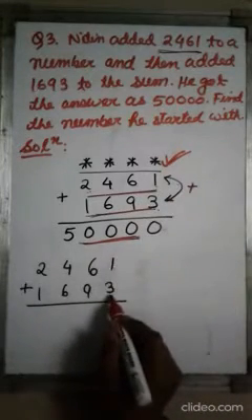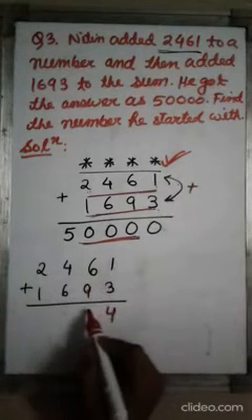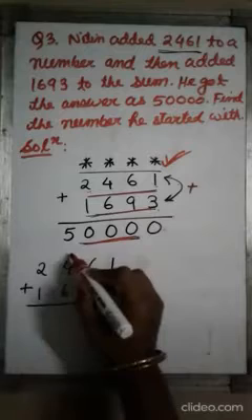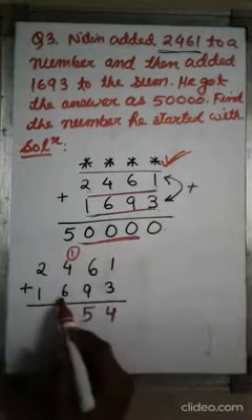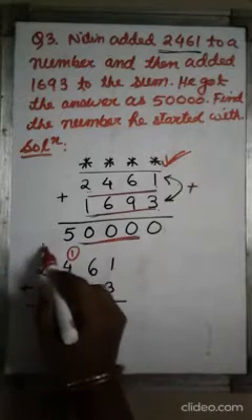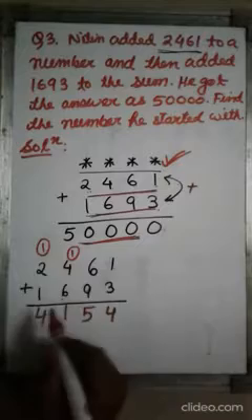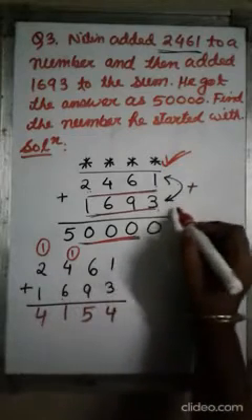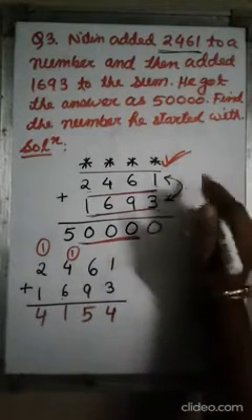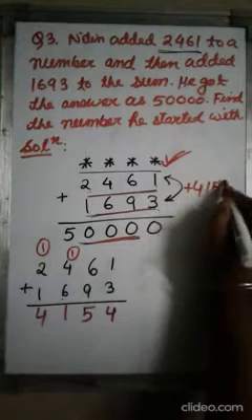1 plus 3 is 4. 6 plus 9 is 15. 1 is carry. 4 plus 6 is 10, plus 1, 11. Plus 1. 1 plus 2 plus 1 is 4. So we get this value to be 4154.